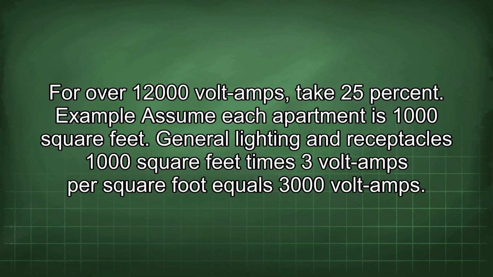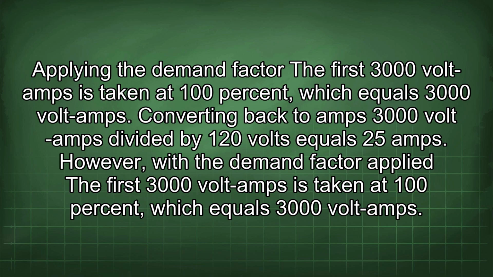General lighting and receptacles: 1000 square feet times 3 volt-amps per square foot equals 3000 volt-amps. Applying the demand factor, the first 3000 volt-amps is taken at 100%, which equals 3000 volt-amps.